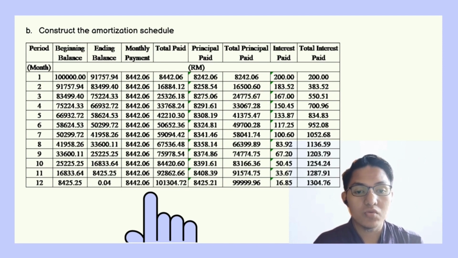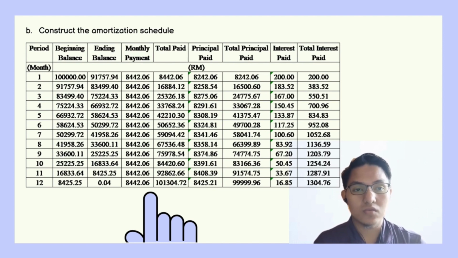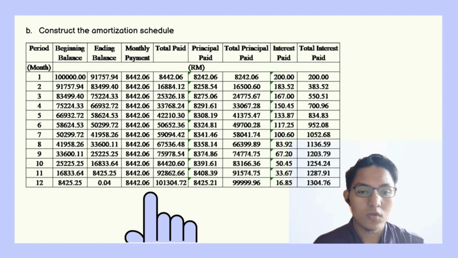As we can see, at period 1 or month 1, it is $100,000 minus 8,242.06, which will be 91,757.94. For the monthly payment, as we have calculated in question A, it will be the same for the whole row.